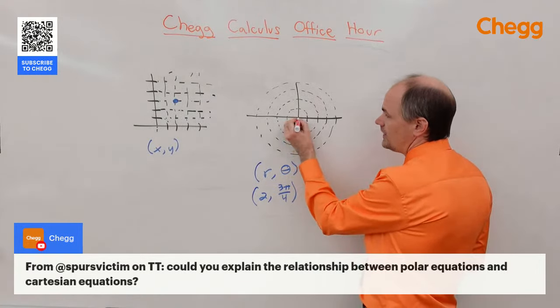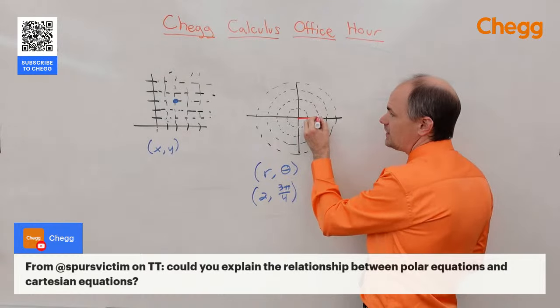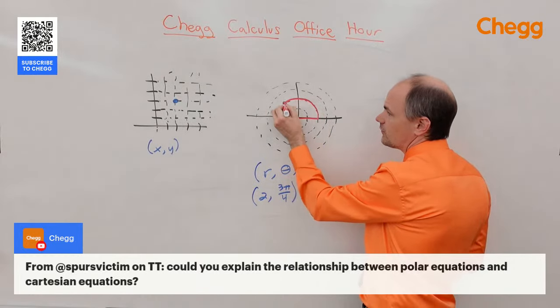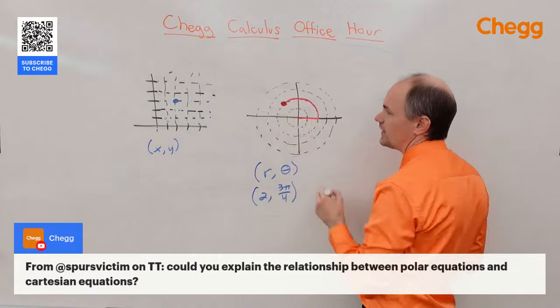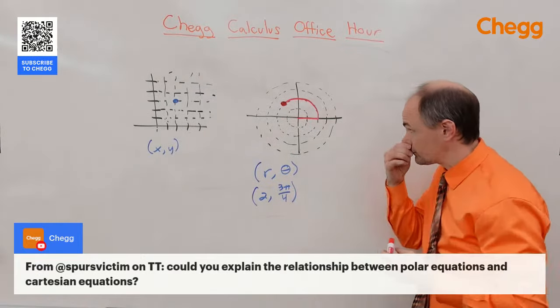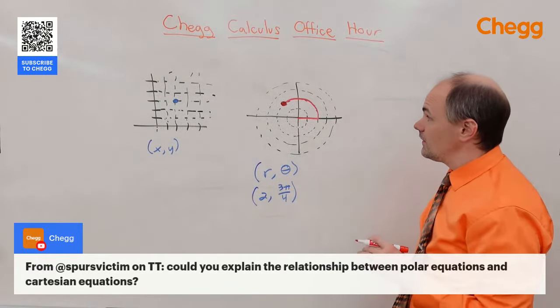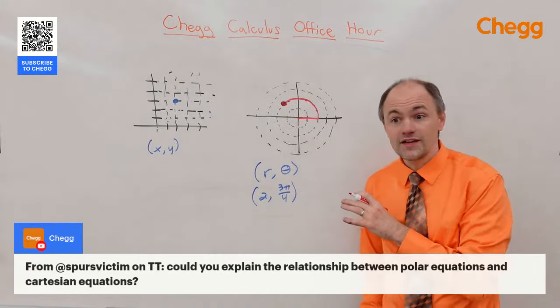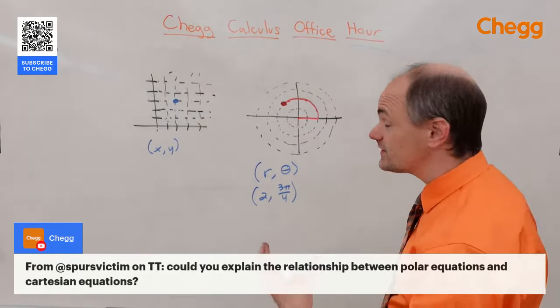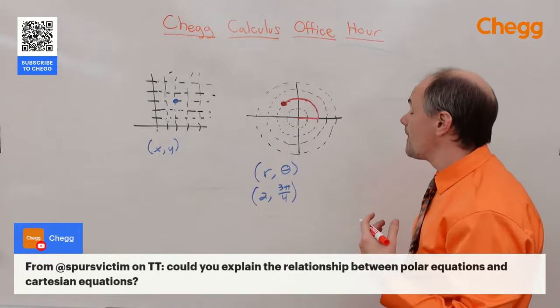We're going to come out to a radius of 2, and then we're going to angle up 3π/4 radians to get our point, which is right here. This becomes really convenient for graphing circles, ellipses, and other functions like that.